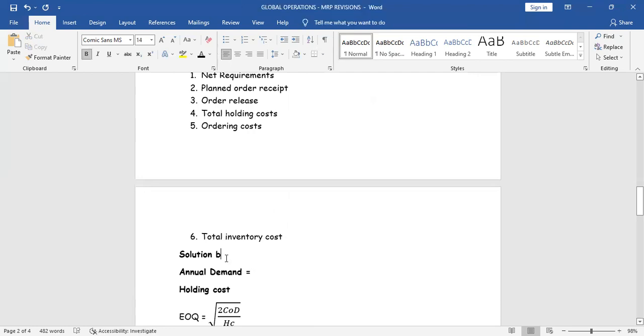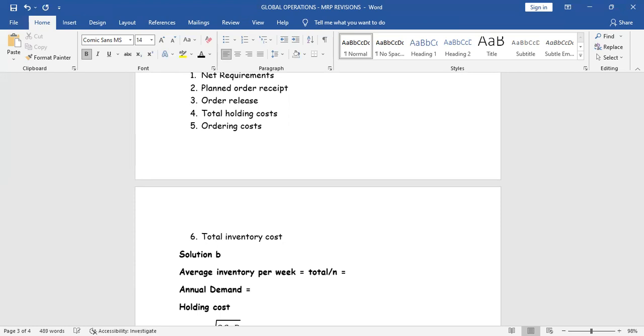So first is to find the average inventory per week. So my average inventory per week will be total inventory, which is the total gross requirement, total over N, N being the number of weeks.